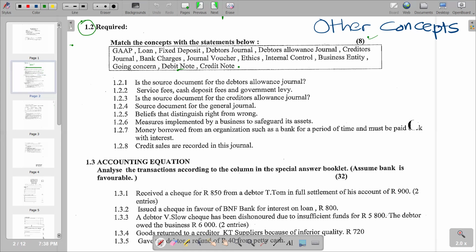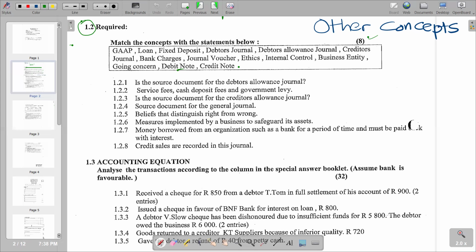So if we have any entry that does not qualify to be posted to any of the other journals, it is entered in the general journal. Examples of adjustment entries are correction entries, and depreciation can also be part of that.